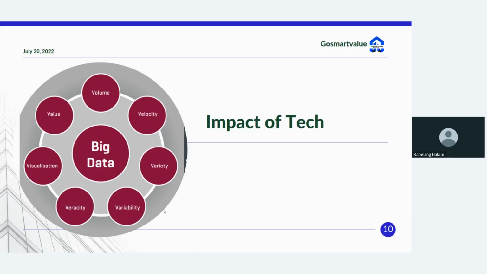Variety speaks to how much of the data is unstructured, and that cannot be neatly slotted into boxes, but it actually influences the value of a particular property. For instance, when one looks at a property on social media and they comment perhaps that they don't like that neighborhood, or they don't like that particular property, perhaps on Twitter, perhaps on Facebook, then it creates a perception that people would have when looking at properties in that particular area, depending on how much influence that particular phrase has.